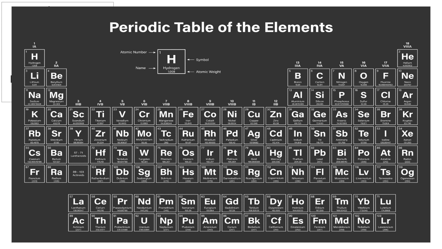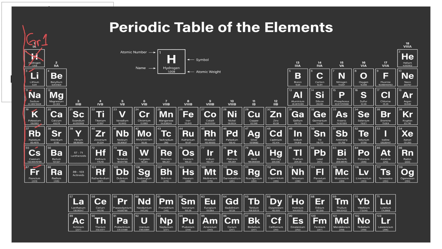Now, when you look at the situation with bonding, this part here on the left hand side is where we have the metals, and here is group 1. So the elements you can see here, from lithium to sodium to potassium to rubidium to cesium to francium, they are group 1 elements, apart from hydrogen.